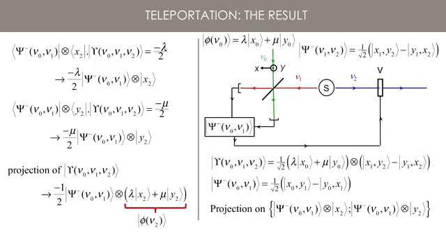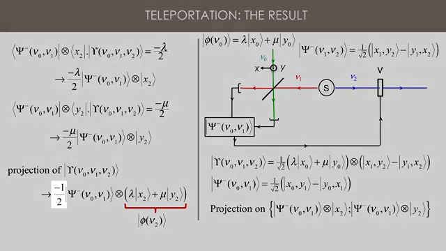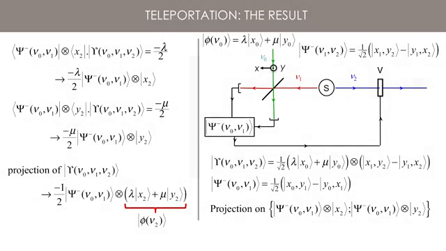This is quantum teleportation. You should not be surprised by the term minus 1 over 2 in factor, which makes the norm of the vector less than 1. Projection does not conserve the norm in general, which you should find obvious if you think of a geometrical projection.